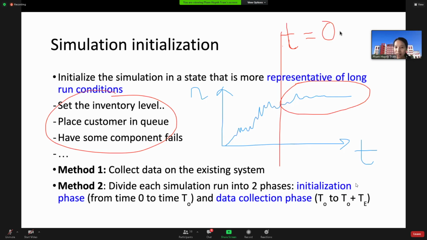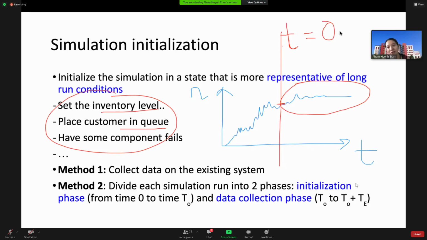And how do we do that? How do we know this initial inventory level or initial customers in the queue? All right, we have to collect the data from the real system.